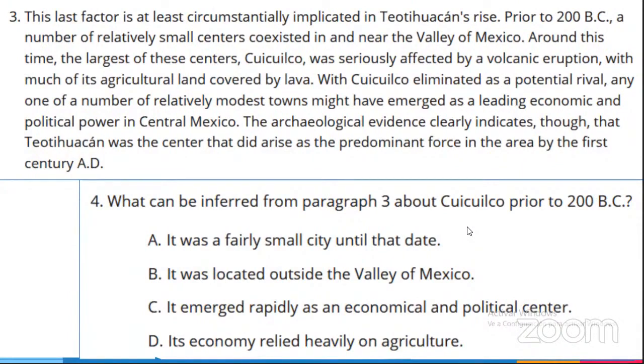A, it was a fairly small city until that day. B, it was located outside the Valley of Mexico. C, it emerged rapidly as an economic and political center. And D, its economy relied heavily on agriculture. Okay, thank you so much, Rosa.